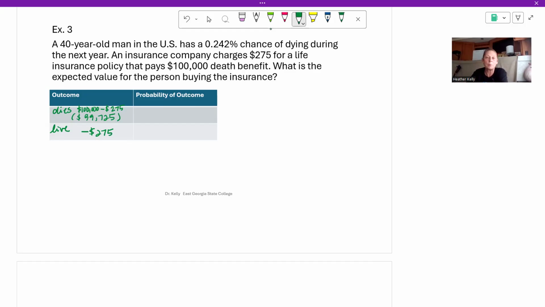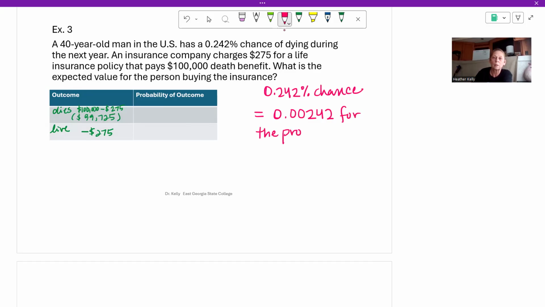Now let's figure out the probability. Probability is not a percentage, but we can convert. So we have 0.242% chance, which means moving the decimal place 2 places, 0.00242 for the probability of death.